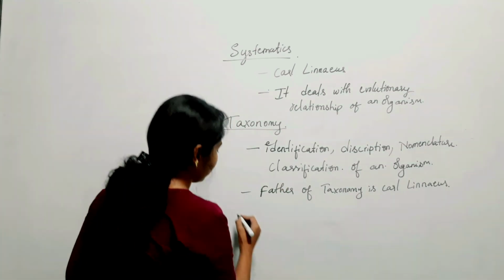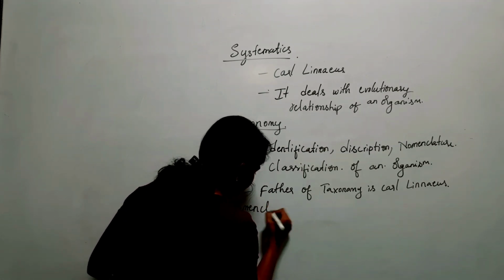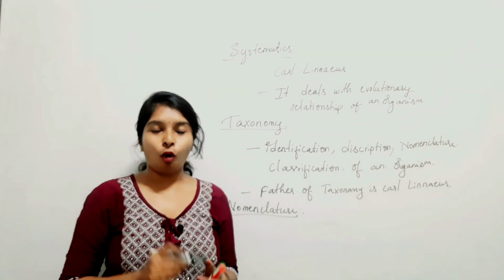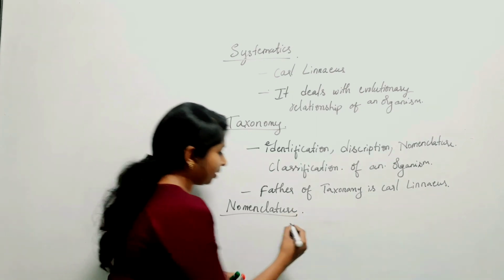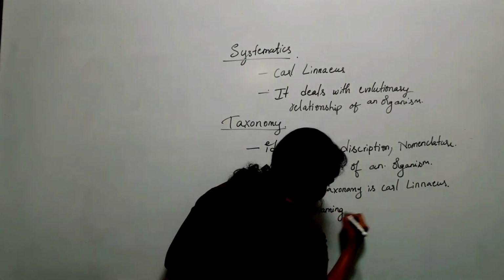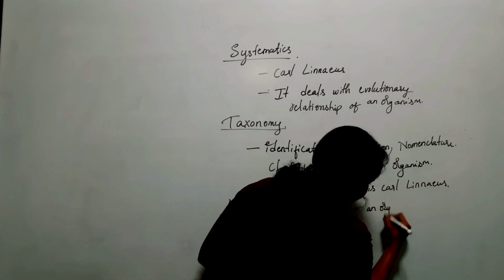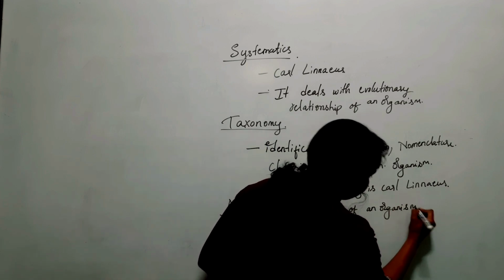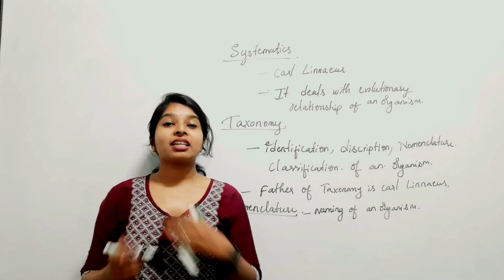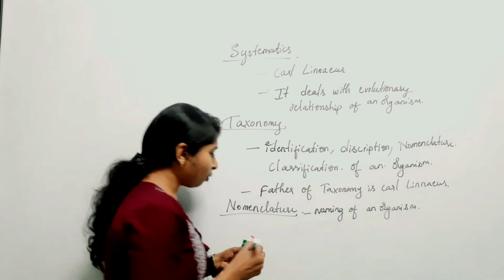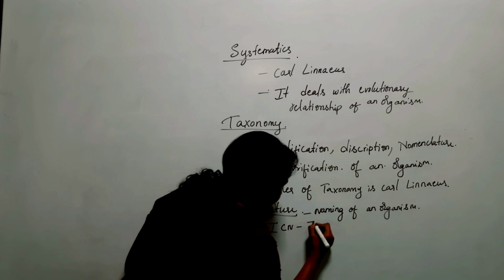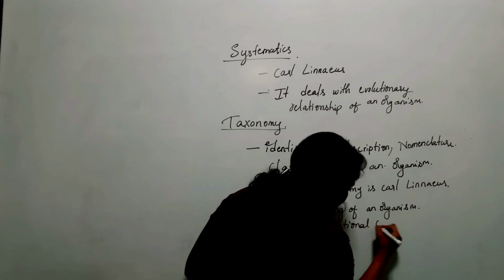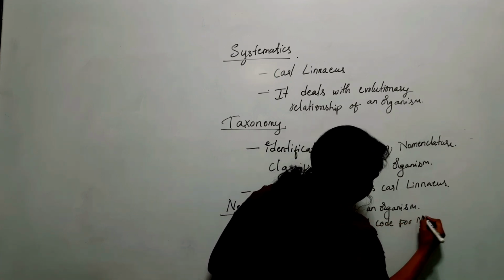The next concept is nomenclature. Nomenclature is nothing but the naming of an organism. Here, the naming of an organism is controlled by one body, which we call ICN, International Code for Nomenclature.